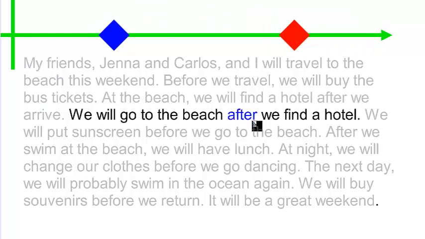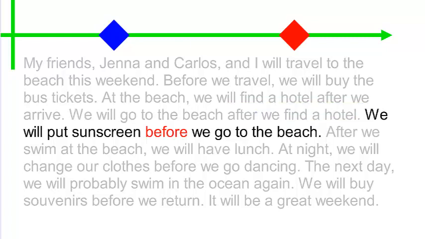We will go to the beach after we find a hotel. The same idea. We will go to the beach after we find a hotel. First, we have to find a hotel. We will put sunscreen before we go to the beach.